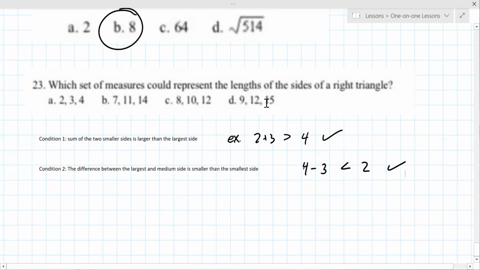So which of these is not right? Did I maybe miss something? Oh, I'm sorry. I miswrote this one. Why am I writing this wrong? 4 minus 3 is 1.